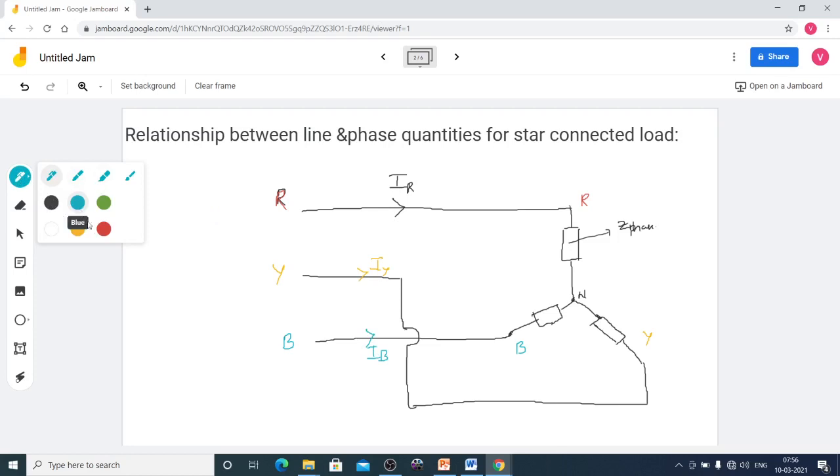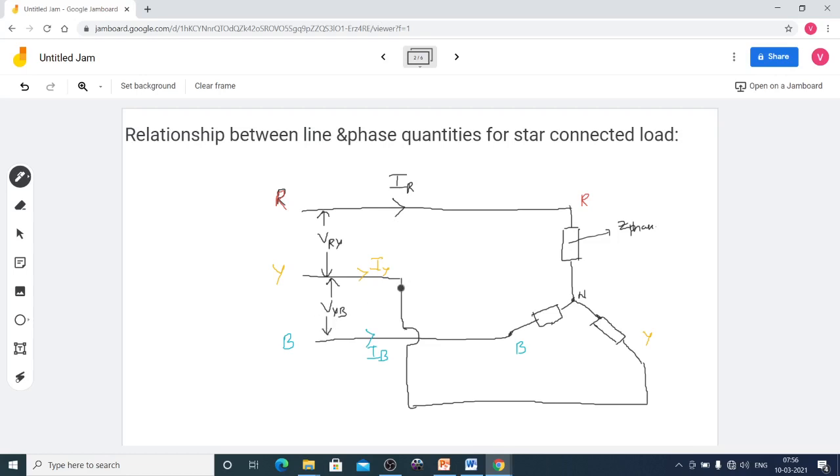So the voltage appearing between two lines is the line voltage. This is the line to line voltage. The line voltage between the R phase and Y phase is VRY. The line voltage between the Y and B phases is VYB.